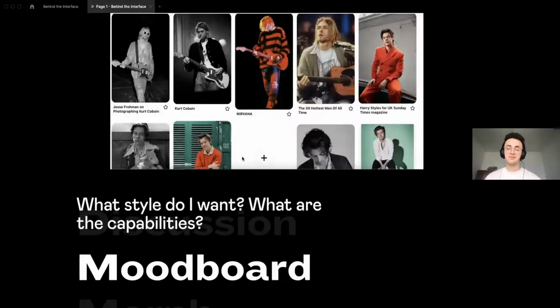And so it goes quickly onto the mood board. This is probably one of the most fun and most participatory parts. This is an example of a Pinterest board that I worked on with a participant who really liked the styling and the clothing and the fashion of Kurt Cobain and Harry Styles.